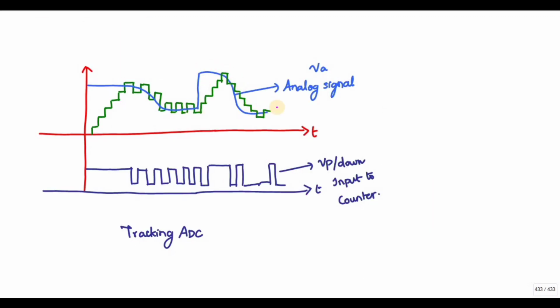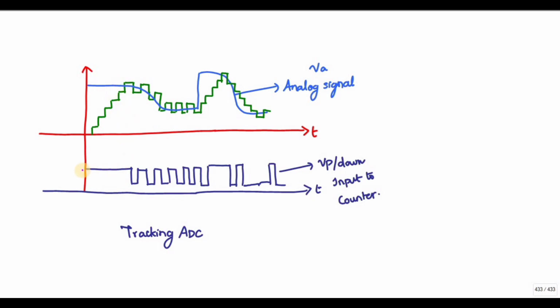You can see this is my analog input signal, the blue color line, and I am going to track this one. Since the VD value is 0 initially, the output of the comparator is 1, so it is tracking my analog signal.